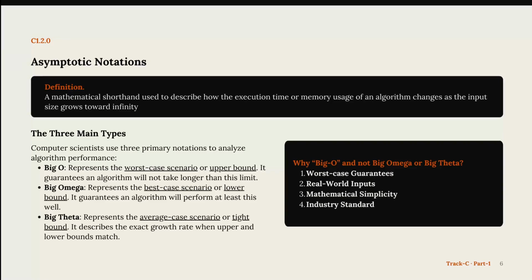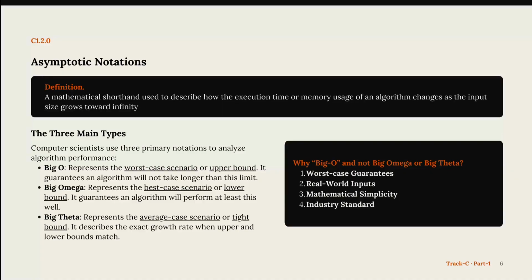As your data, your requirements, your API calls or your token usage increase exponentially or linearly towards infinity, what happens with the execution time or the memory usage? That's what asymptotic notation helps us do.